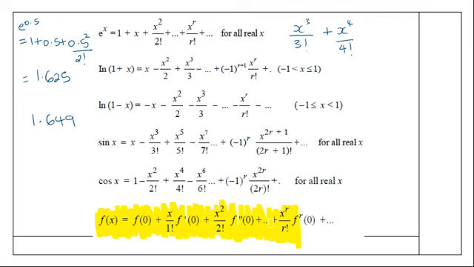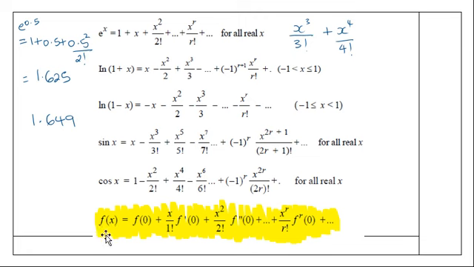Now you'll notice that the formula involves derivatives. This is f prime, f double prime, f triple prime, and so on, right? So to generate the Maclaurin series for a function, you're going to need derivatives. You have to be able to differentiate.